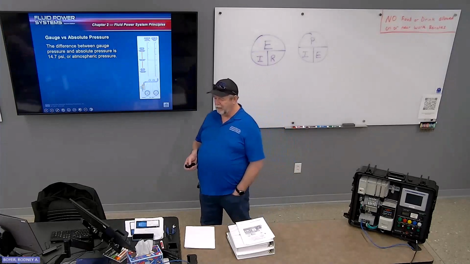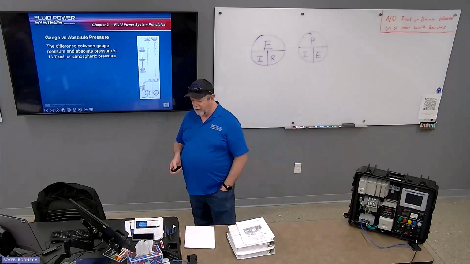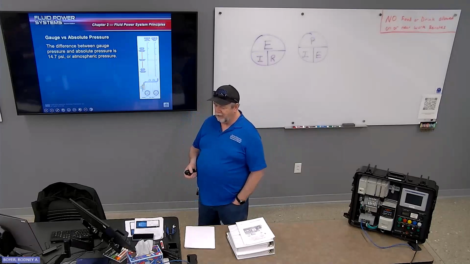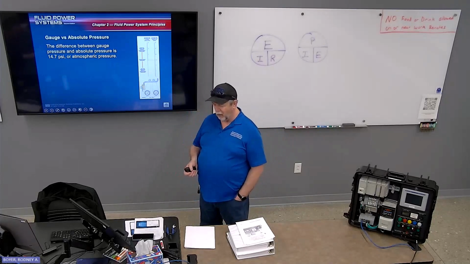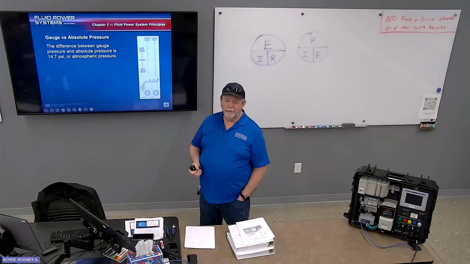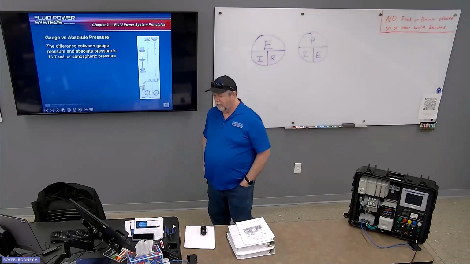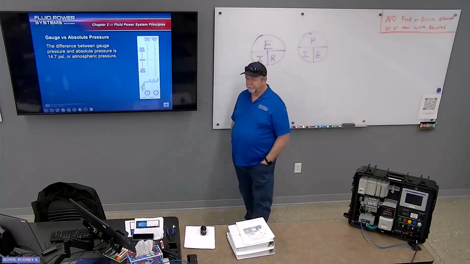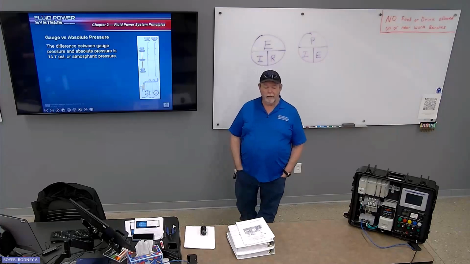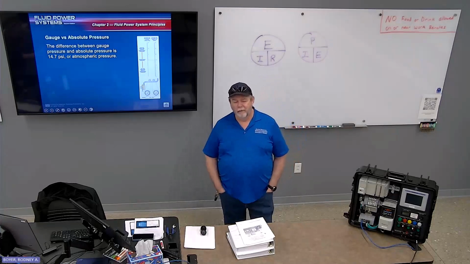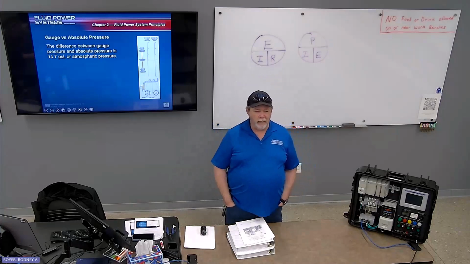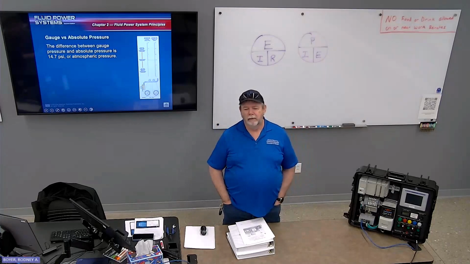Gauge versus absolute. The difference between gauge pressure and absolute pressure is 14.7 psi, or one atmosphere. So whenever you're looking at 99 and 9/10% of the gauges that are out there, it will be PSIG, which is pounds per square inch gauge.